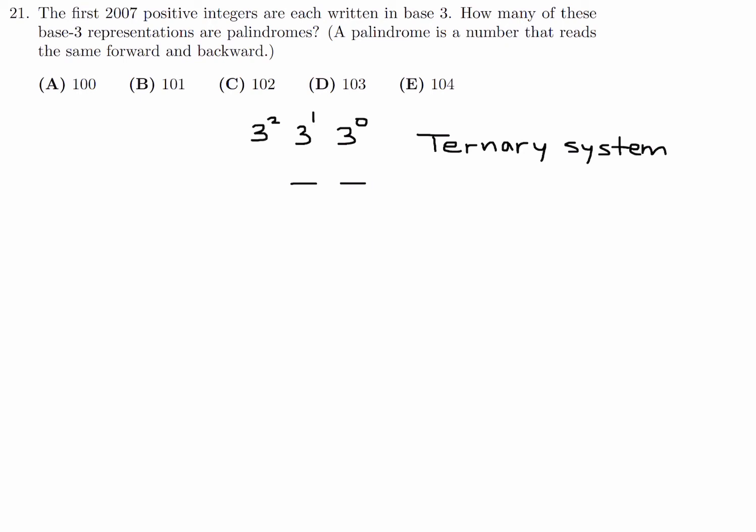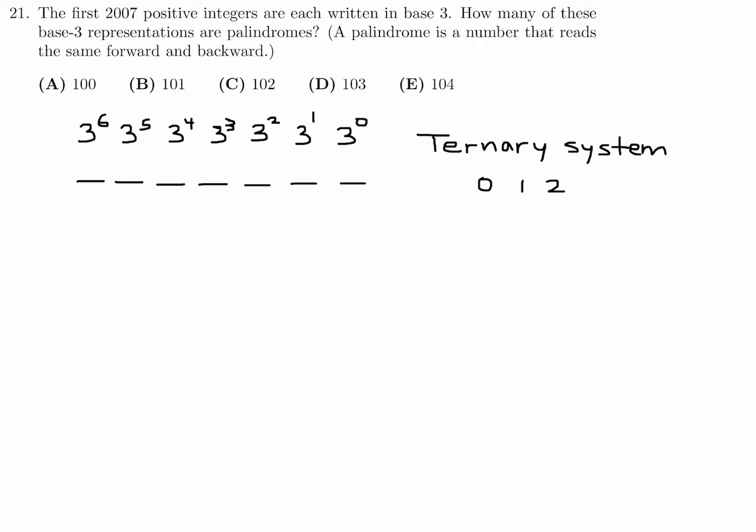So 3 to the power of 1, 3 to the power of 2, 3 to the power of 3, 3 to the power of 4, like that. And so on. Now, the number that goes in each of these blanks is either a 0, a 1, or a 2. And that's it. Can't use any other number.